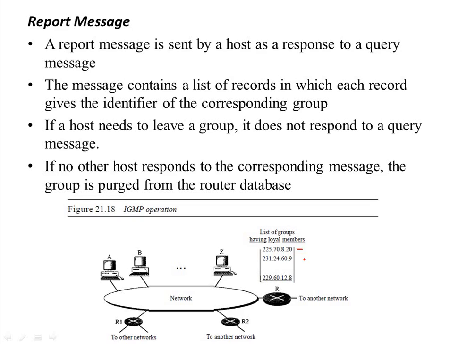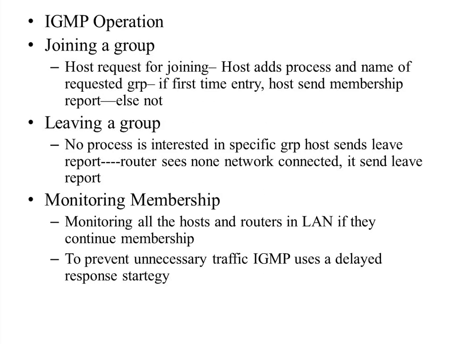And whenever you want to leave the group, the second operation is the leave report. When no process is interested in that specific group, the host will send the leave report.